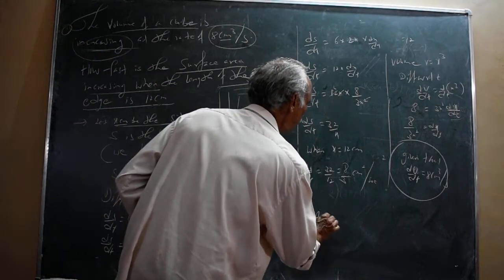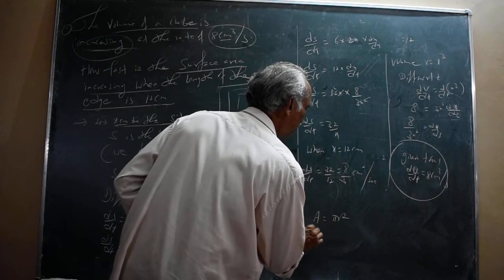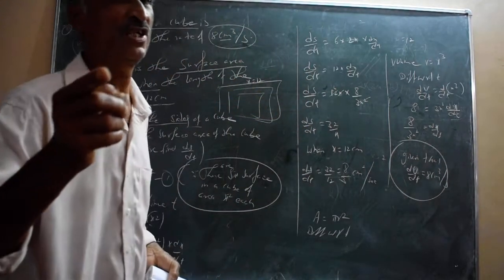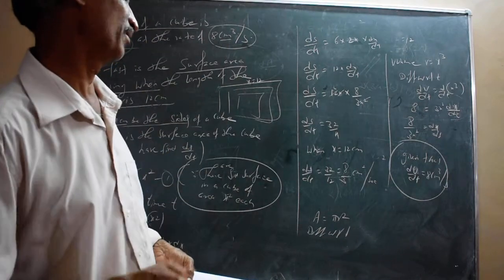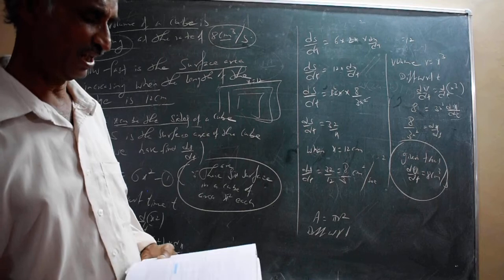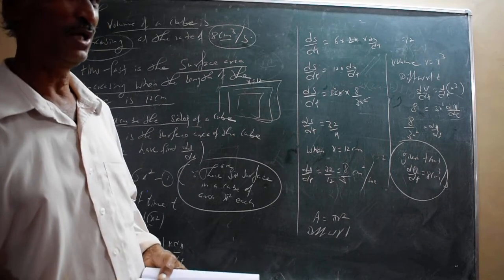A is equal to pi r squared, and we differentiate with respect to t. In the first problem, the rate of change of area with respect to radius was mentioned, but here it is with respect to time, because radius is increasing at the rate of 3 cm per second.